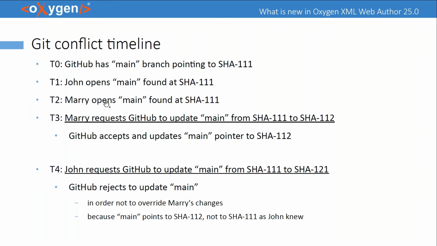Then Mary opens, after John, a document from the main branch that it also finds at SHA-111. So they open at the same time a document from a Git repo. Then Mary makes a change to a file and tries to save it, requesting GitHub to update the main branch from SHA-111 to SHA-112. SHA-112 is denoted by her changes.